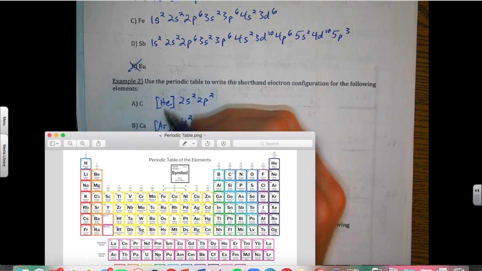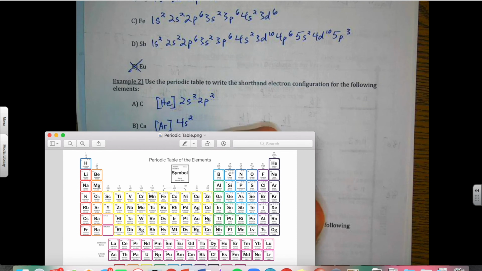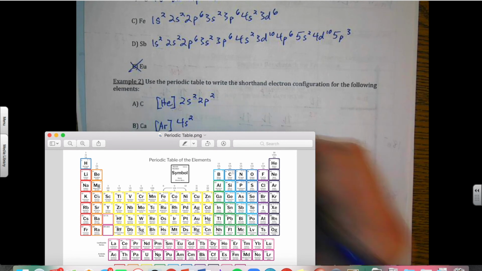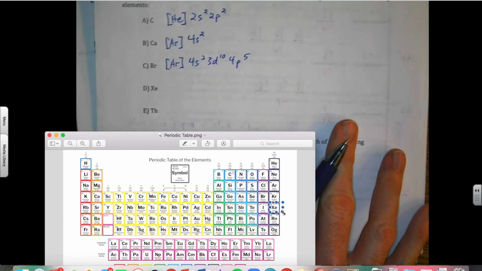And then bromine, I'm going to type right in argon again. It's going to be 4s2, 3d10, 4p5. And then xenon. Ooh, xenon is a noble gas. So can you just write xenon right here?